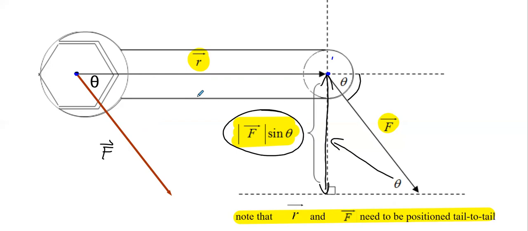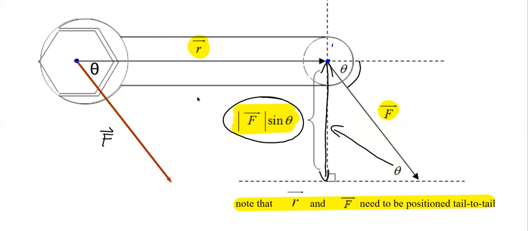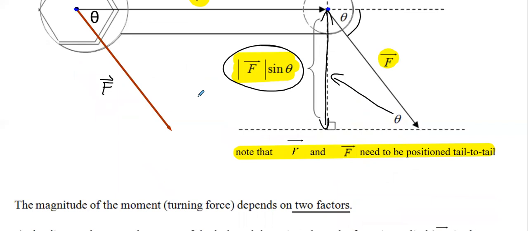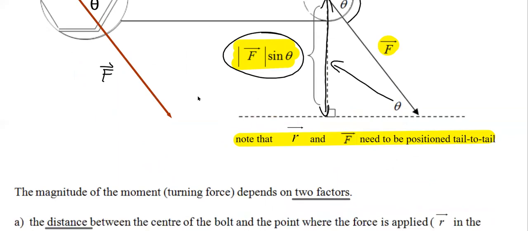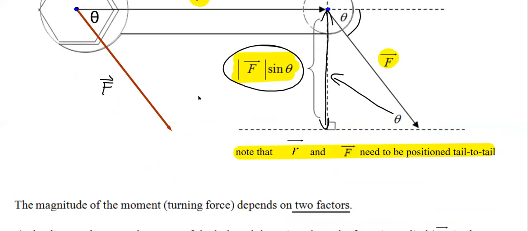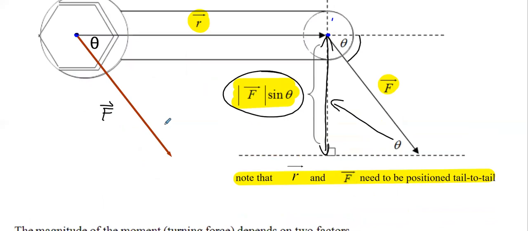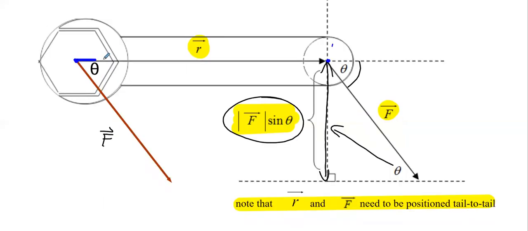So the amount of force is the calculation, which is referred to as a moment of force, or often referred to as a torque. The calculation is based on the positioning of two vectors, tail to tail, much like dot product.